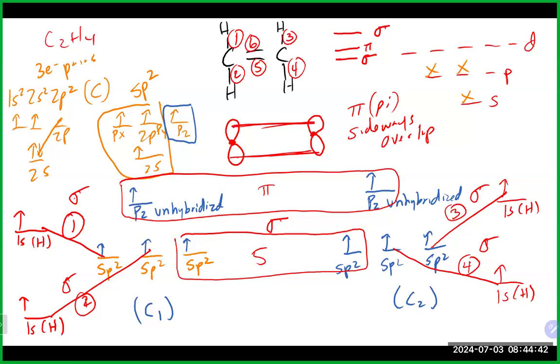Now, obviously, we know we have a single bond and a double bond. There is also a triple bond situation, right? And a triple bond is a sigma bond followed by 2 pi bonds. Any questions on that?